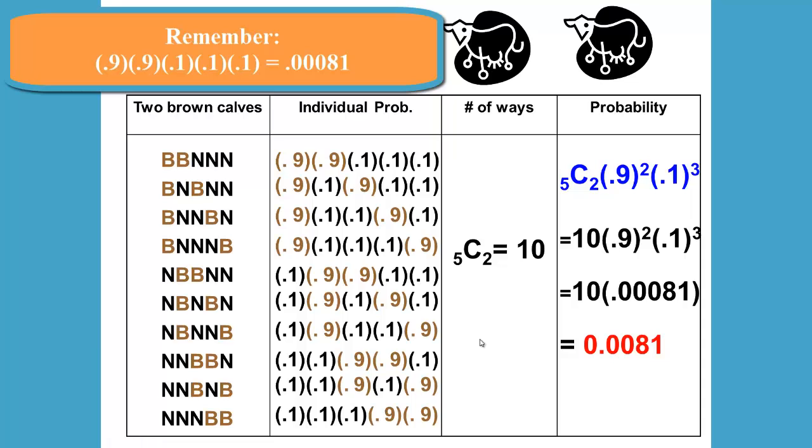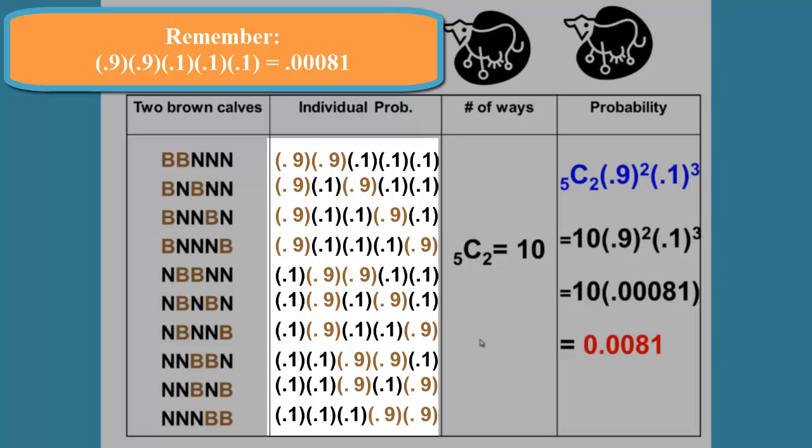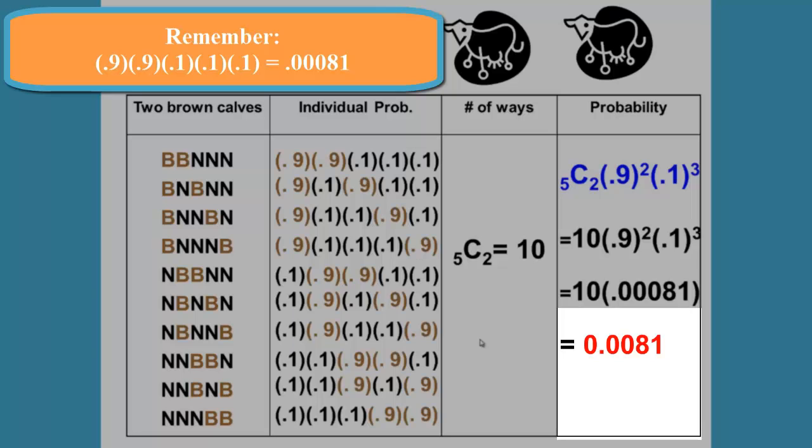And going from the bottom back up, if we added 10 of those, we get 0.0081. We could get that by saying 10 times 0.00081. Notice that just moves the decimal when we added those.